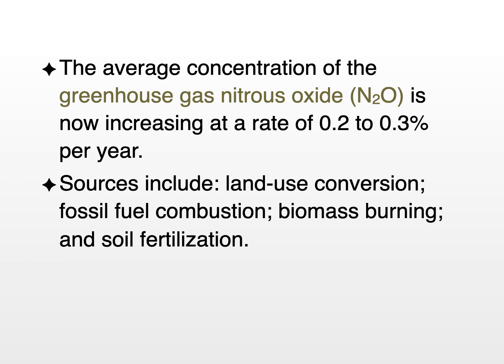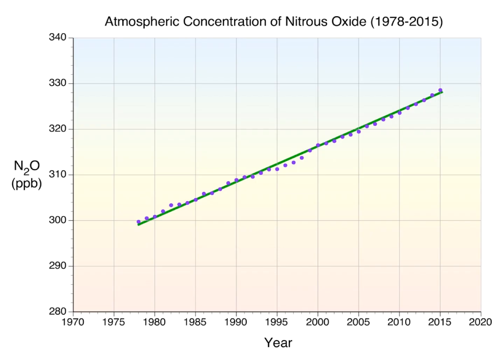The process of creating urea, an artificial nitrogen-based fertilizer, produces a lot of nitrous oxide that seeps into the atmosphere. So here is a graph showing the trend or change in nitrous oxide from 1978 to the year 2015.